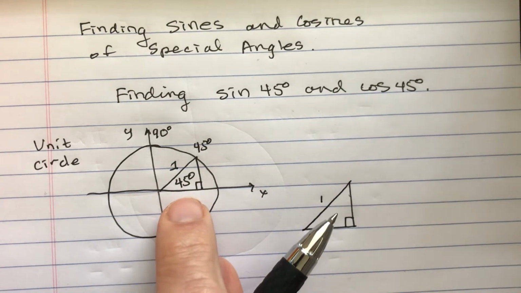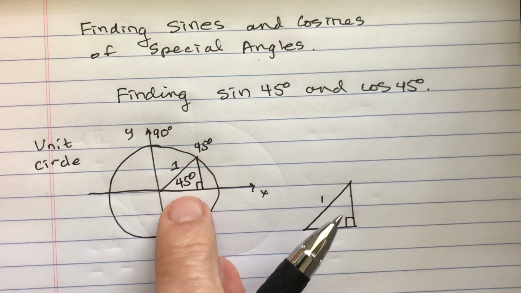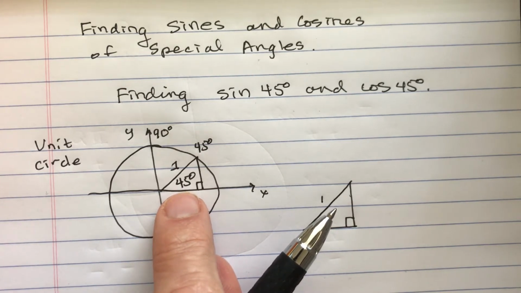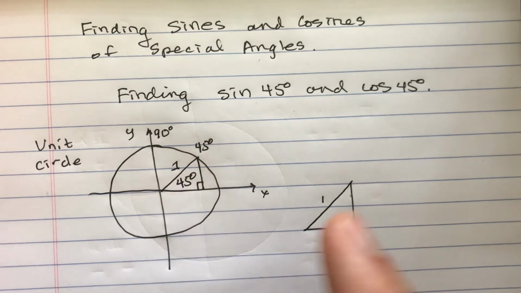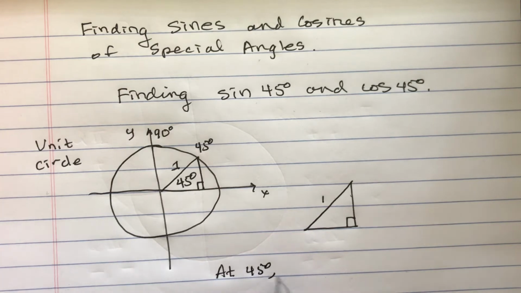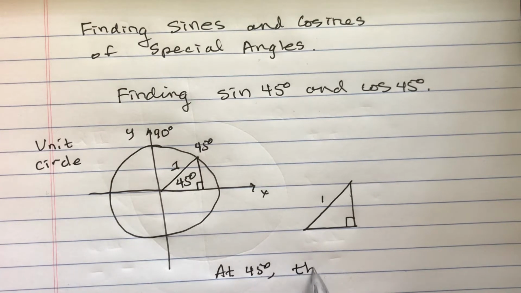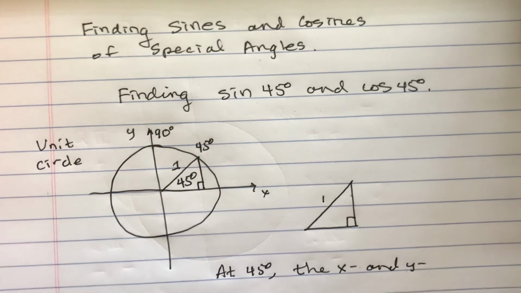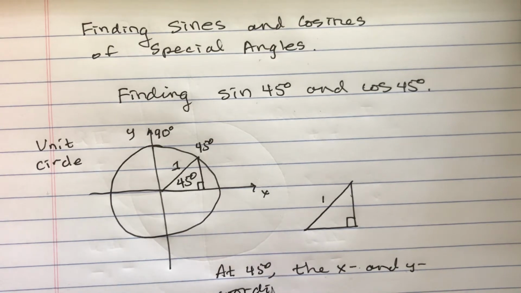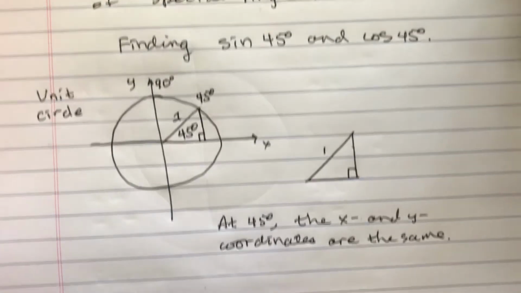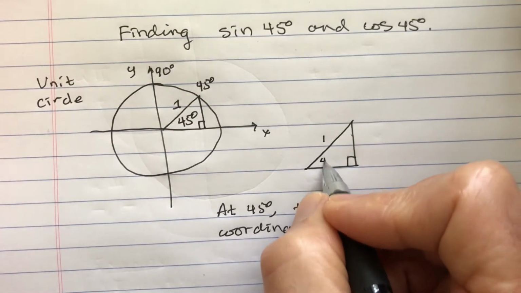What we need to observe is that for 45 degrees, the x and y coordinates are the same. And there's more to it than that.